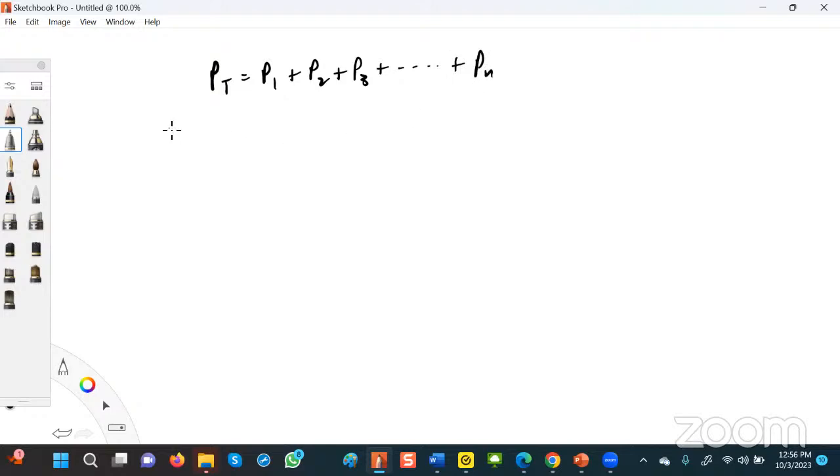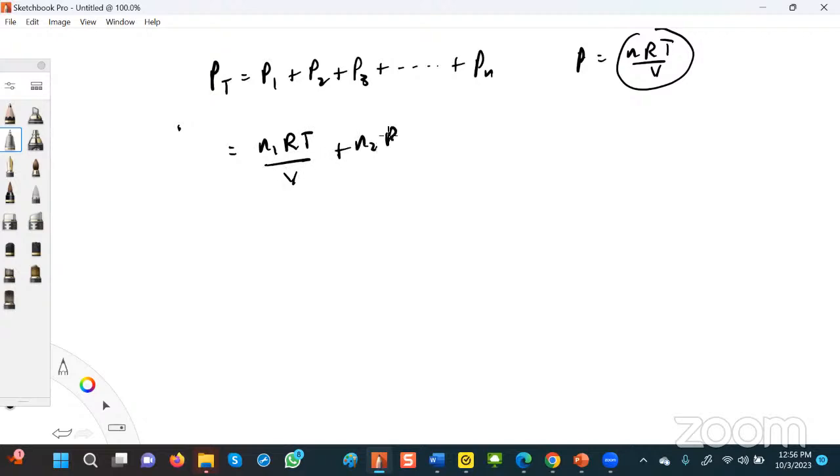We also said that P is equal to nRT over V. If we substitute this for each of these gases into this expression, we end up with N1 RT over V plus N2 RT over V plus N3 RT over V, and of course we continue to Nn RT over V.